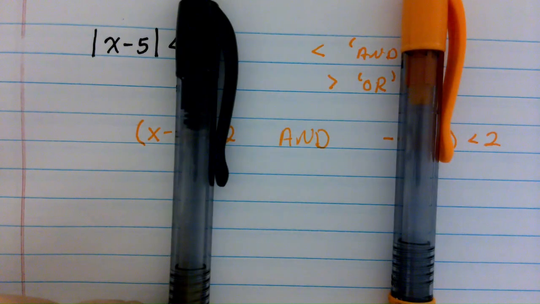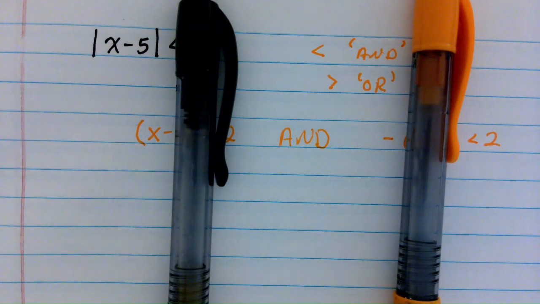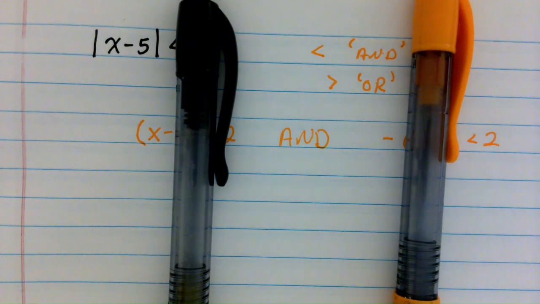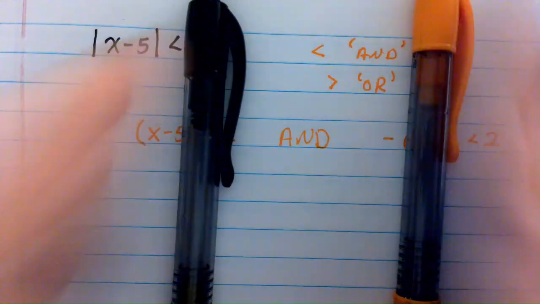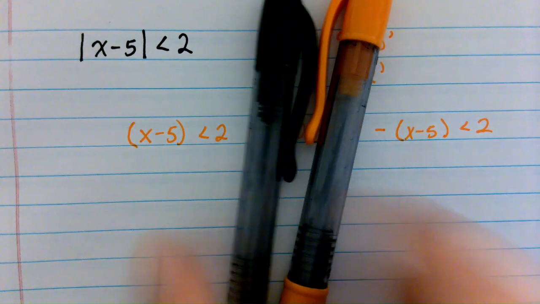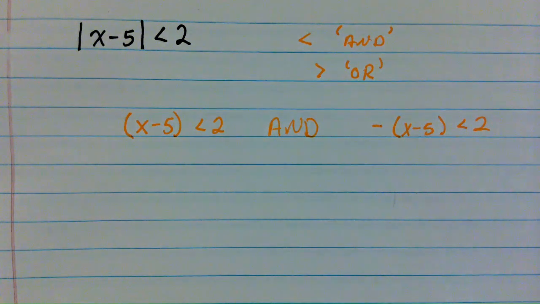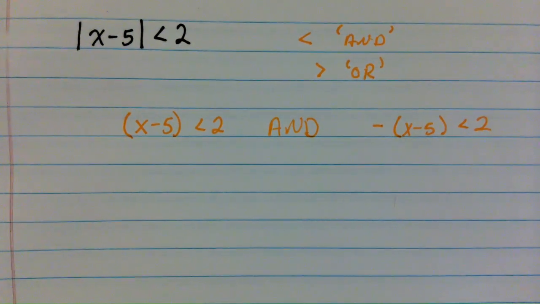Within or less than 20 feet, right? If I said I hid that gift card greater than 20 feet away, well, now that could be anywhere. It could be across the ocean. So it's very important that we understand less than on absolute values is in the center, where greater thans are going to be on the outsides. So there's a visual.